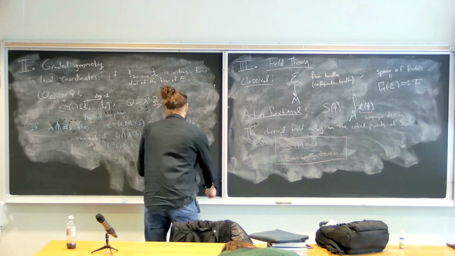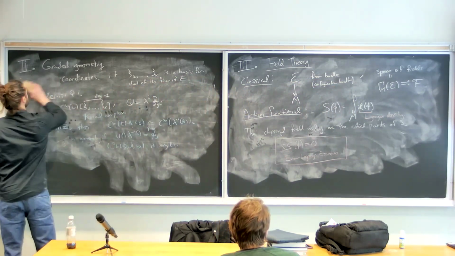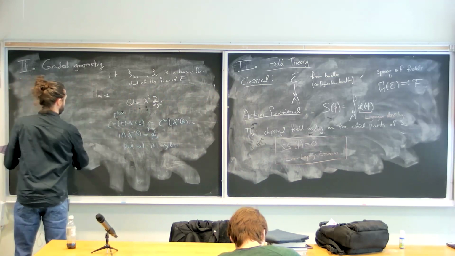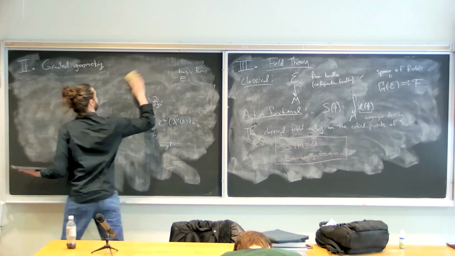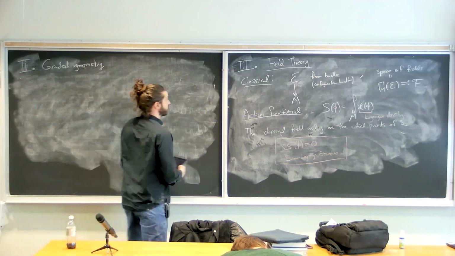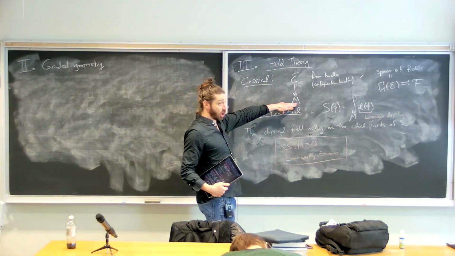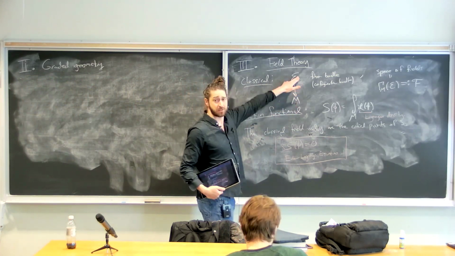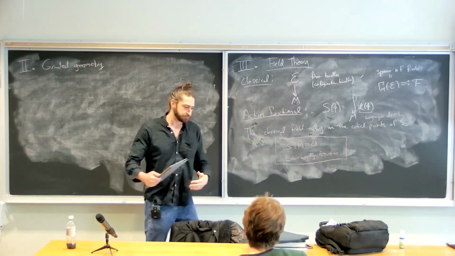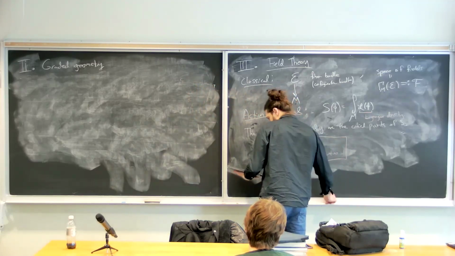Okay, and then the most important among these for physics, besides, say, classical mechanics, in which case you would take M to be, say, 0, 1, or R, and then this would be space, and looking at trajectories as your fields, would be gauge field theories.